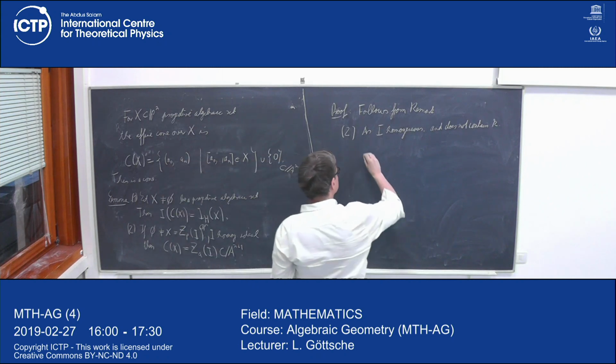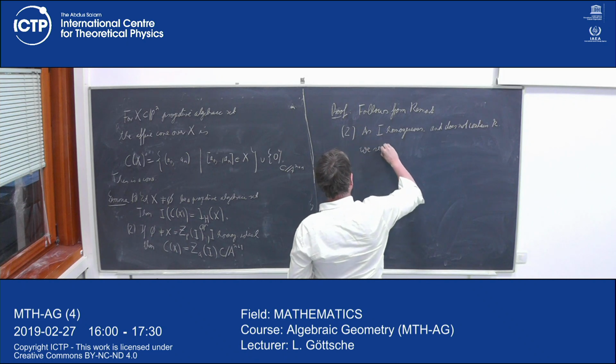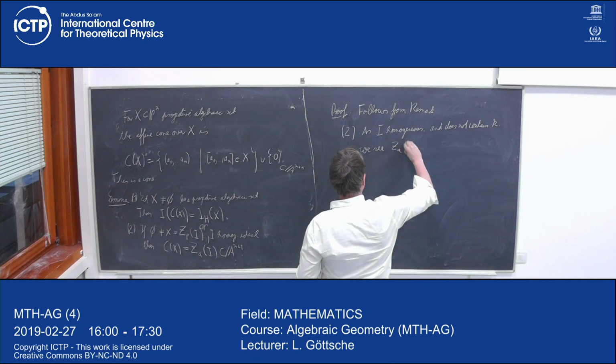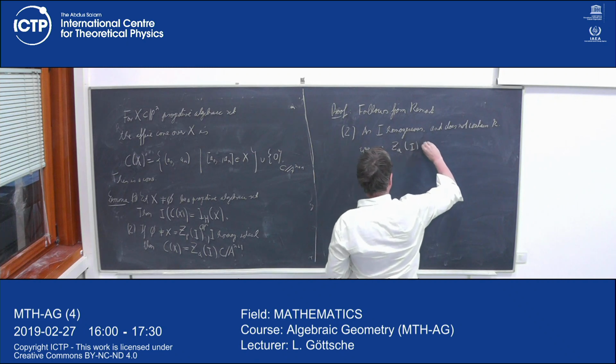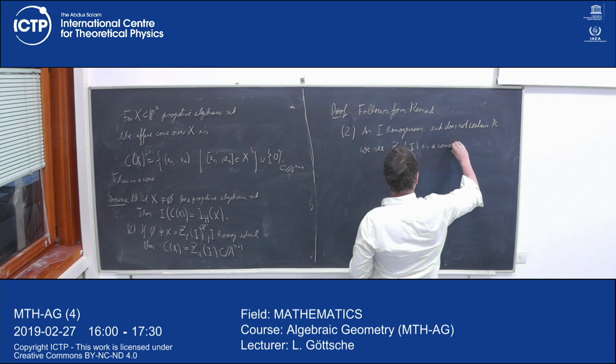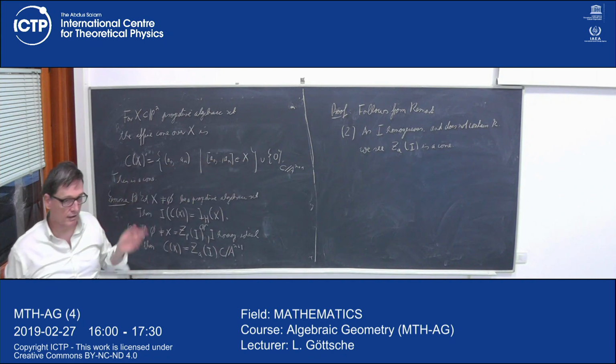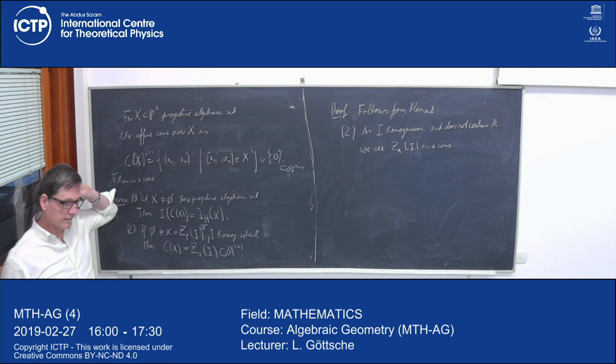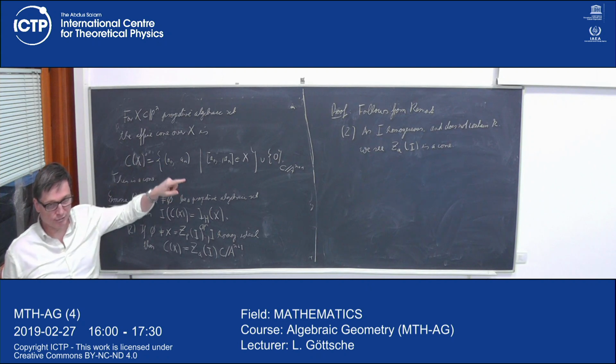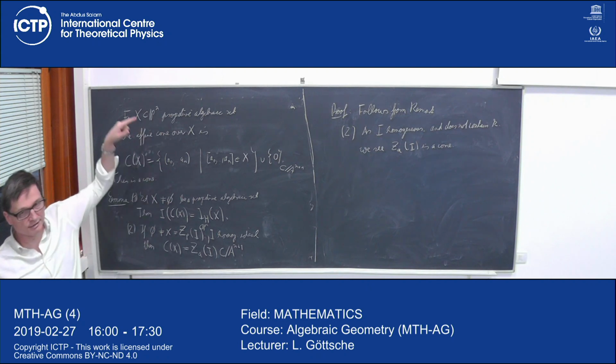We see that Z_A(I) is a cone. Because you see, by definition, if you have a homogeneous polynomial and the point is a zero of a homogeneous polynomial, then all the multiples of the point are a zero.